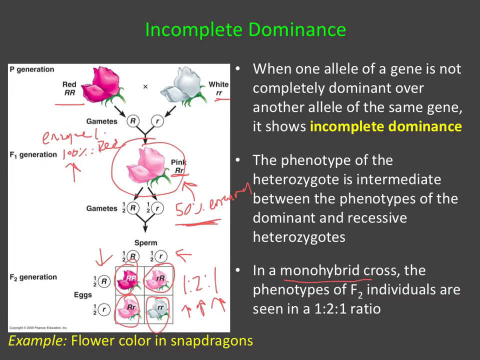So in incomplete dominance, you get 1 dominant, 2 heterozygote or intermediate, and 1 recessive.